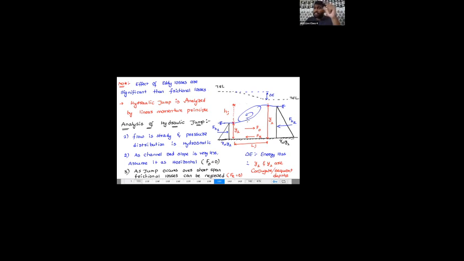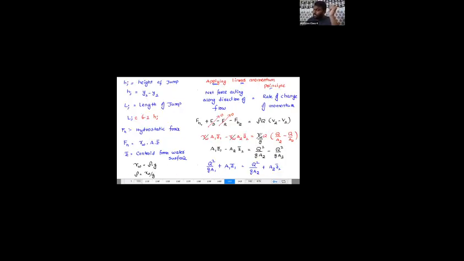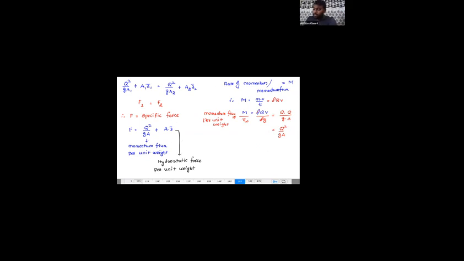Due to the eddy losses, momentum change will occur, yes or no? And that momentum change is going to cause the momentum flux per unit weight. So now, the definition of a specific force is: specific force is the total force per unit weight.